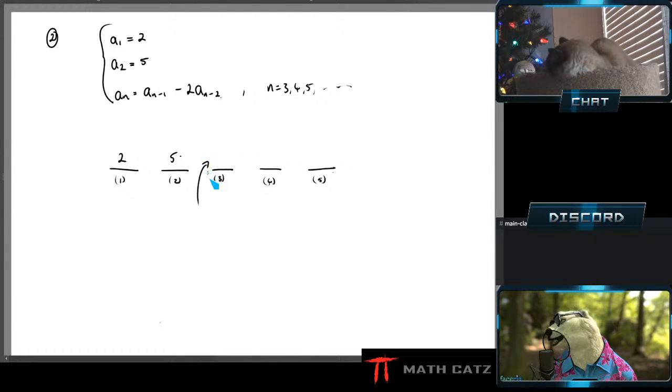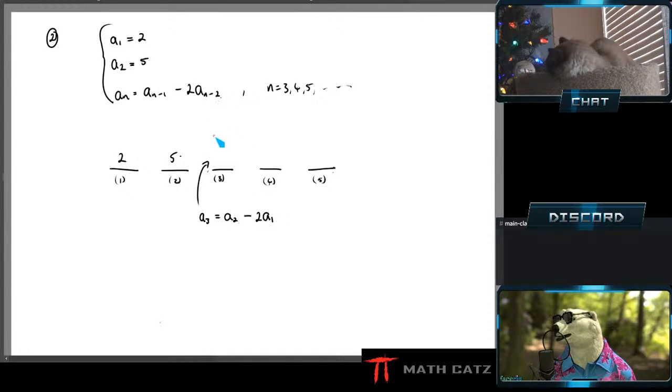So now let's find the term in position 3. Only three terms are missing. Nice. So for my immediate purposes, n is equal to 3. It says, look at the term right before it, 1 position less, which would be a 2, because 3 minus 1 is 2. Subtract 2 times the term 2 steps back from where I am. 3 minus 2 is 1.